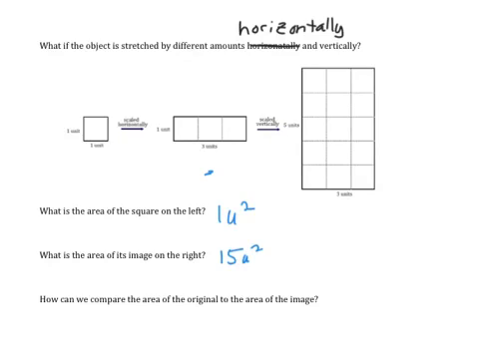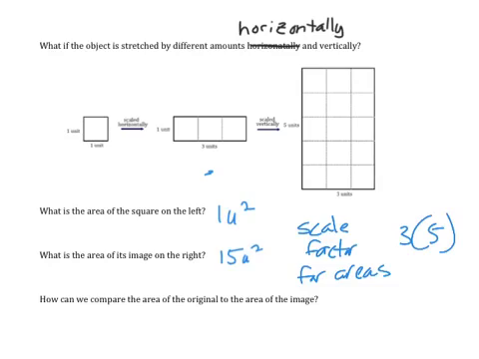The scale factor for the areas is going to be the product, 3 times 5. So we're going to multiply the linear factors. And you do this when it's not a dilation, where you're scaling by different values in the two different directions.